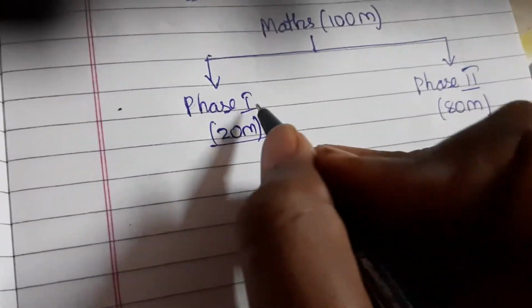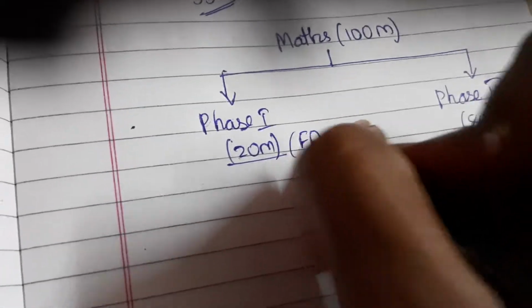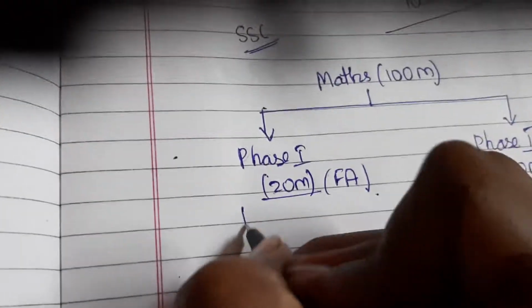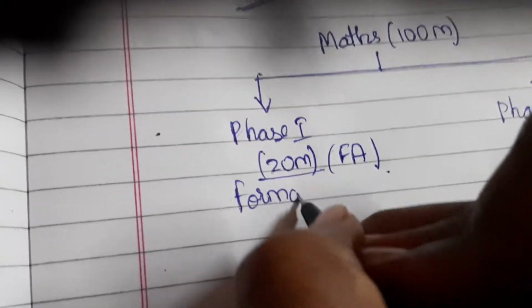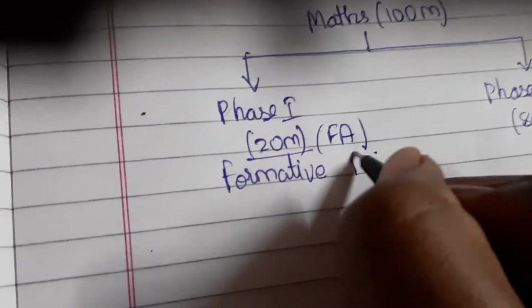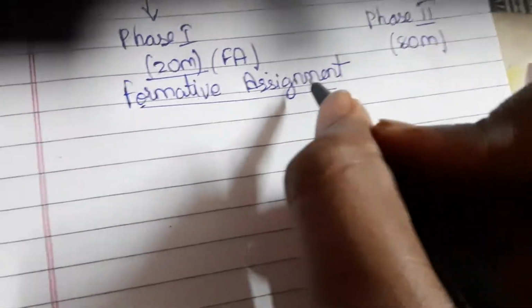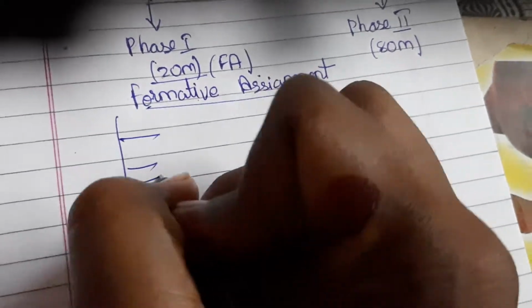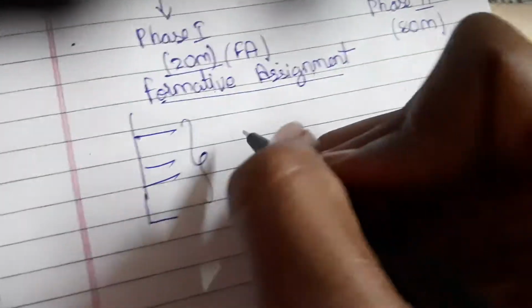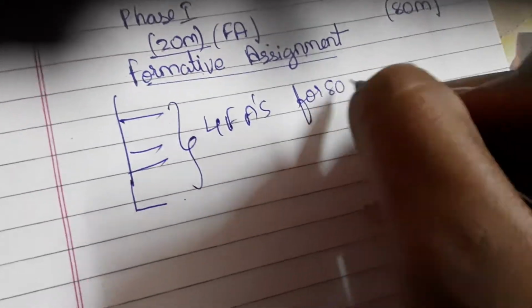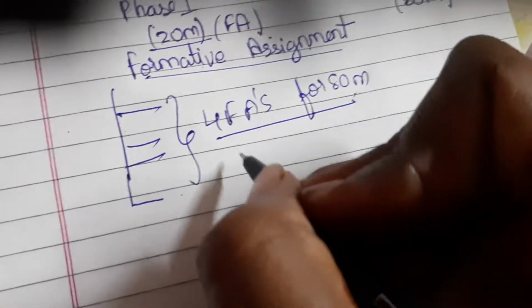Speaking about phase 1, it is nothing but FA. So what is FA here? FA is formative assignment. These formative assignments are conducted in your school only. Your school will conduct 4 FAs for 80 marks.